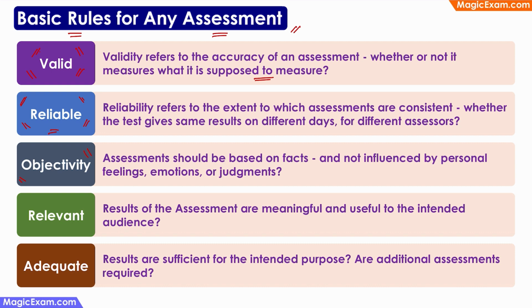You use your hand and you might feel that the same person has a very high fever. So here our personal opinions or personal circumstances are affecting the result of this assessment. Similarly, when you are doing an assessment of learning, it should be objective. That is, the personal feelings, emotions and judgment of the person who is doing the assessment should not influence the results.